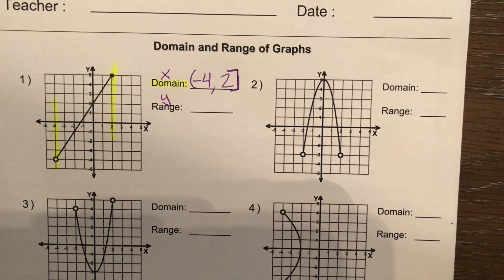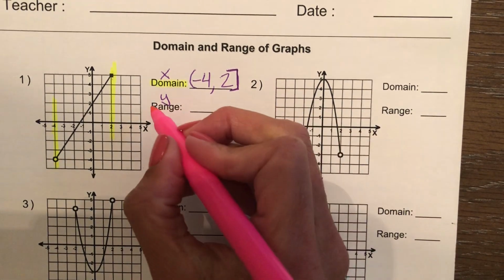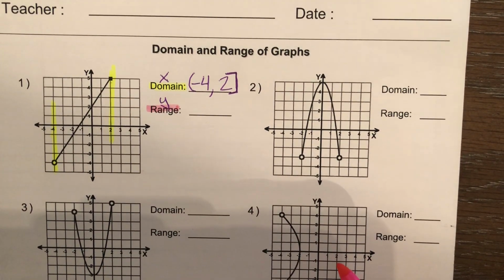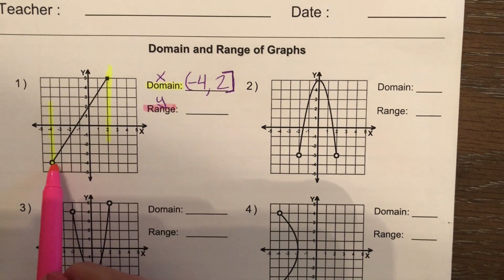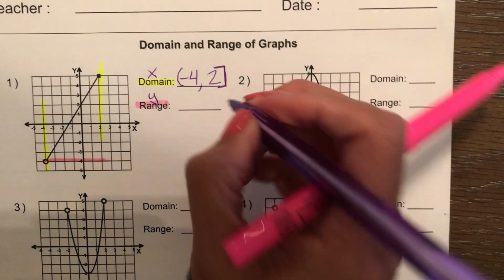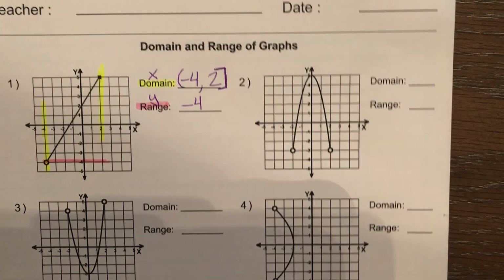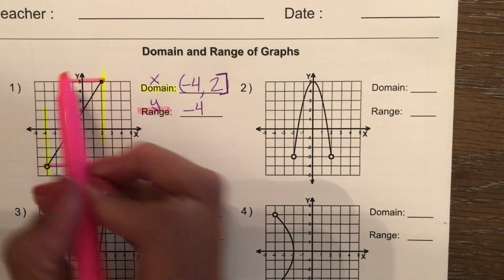Let's look at range. So range is y values, and I'm going bottom to top, lowest to highest. So the bottom of the graph is here at -4. And then the top of the graph is here at +5.